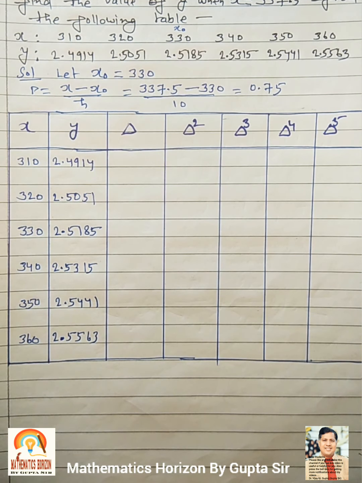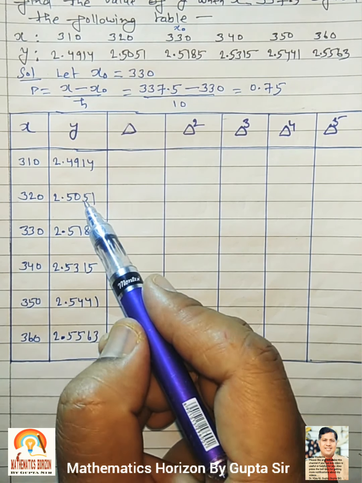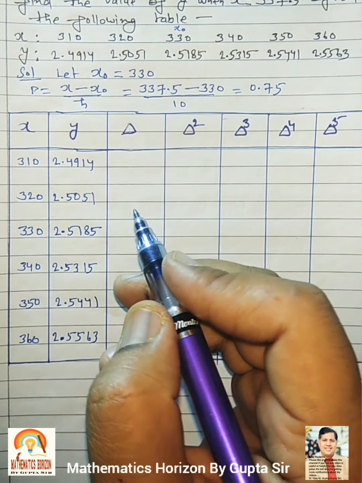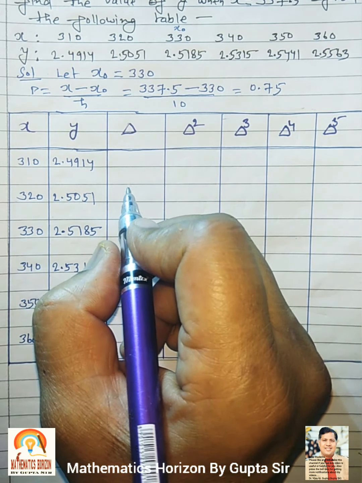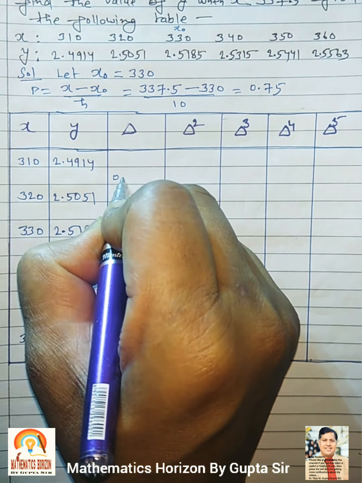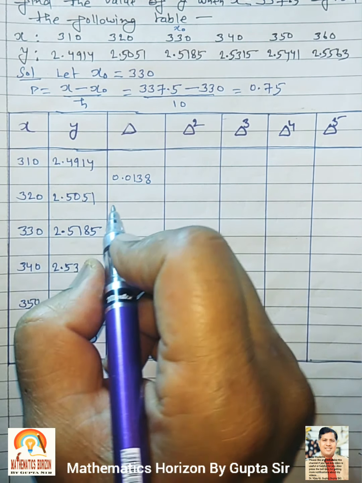Whether it is forward, backward or central, we have to subtract first from second. Differences of these two, this minus this term. What will be the differences? Here this will be 0.0138.